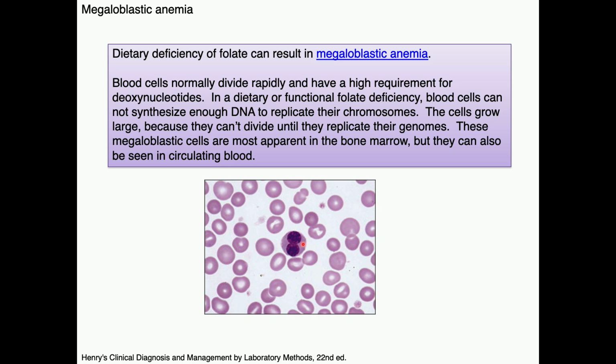So they're building mass, but that division of their genomes that's required in erythropoiesis is delayed because of the paucity of the deoxynucleotides. So you get a larger than normal cell because it's still able to pack on the hemoglobin, but the division of the cell is not coupled to the cell's increase in mass as it normally would be.